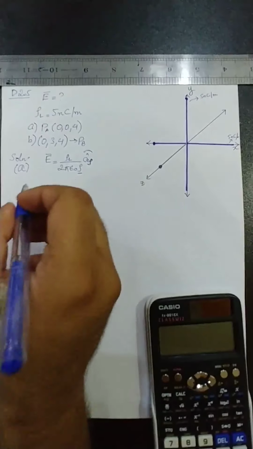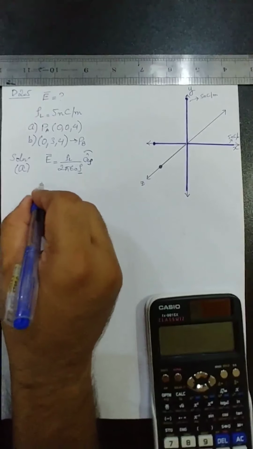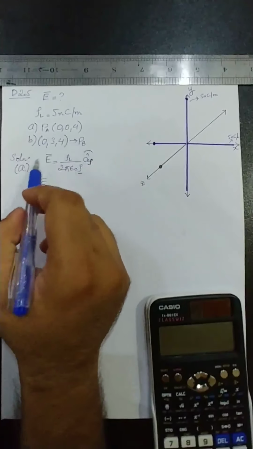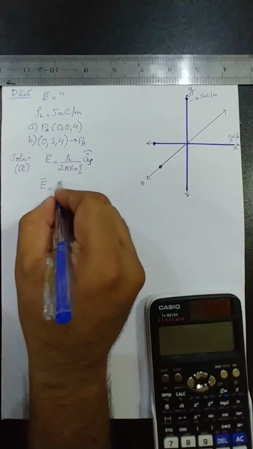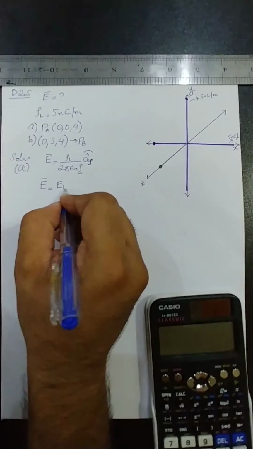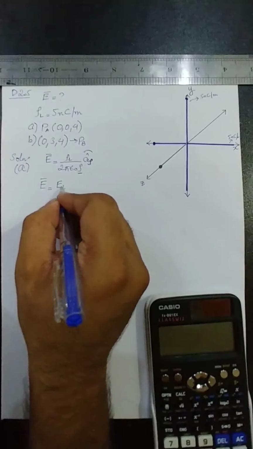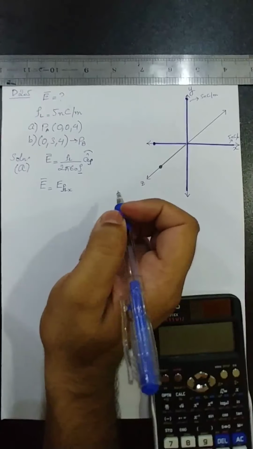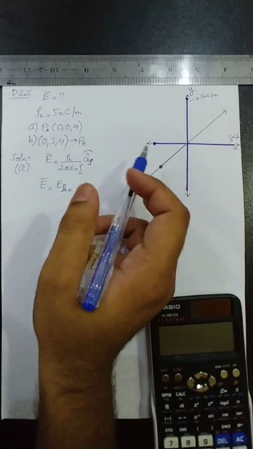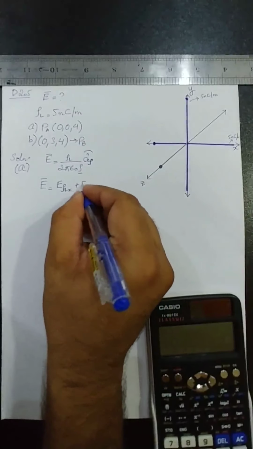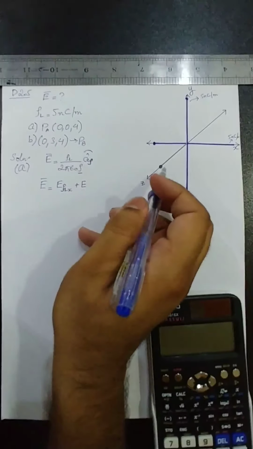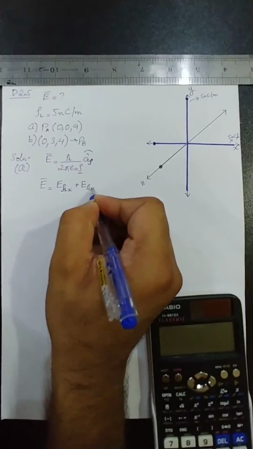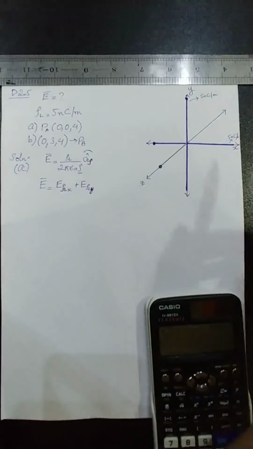Okay, so basically the electric field intensity at this point in part A will be given by the electric field intensity due to rho Lx, the line charge density lying entirely on the x-axis, plus the electric field intensity at this point due to the line charge lying on the y-axis, rho Ly.